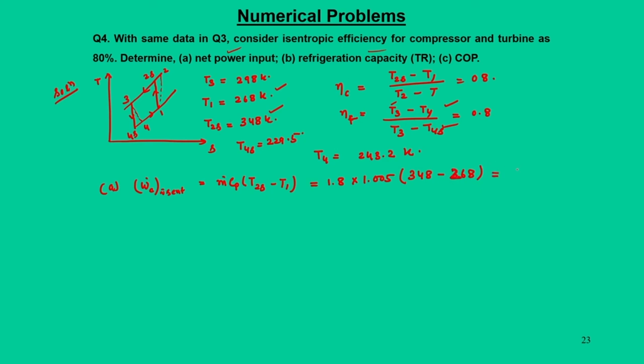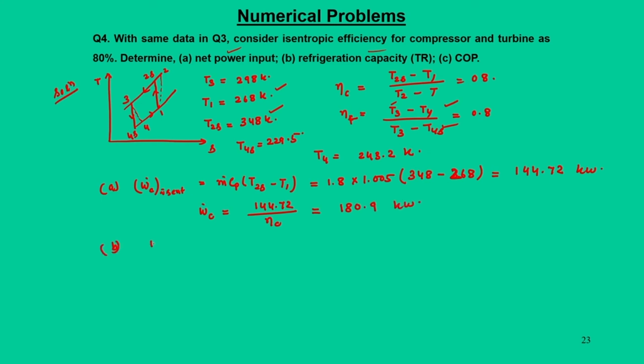So, this number would be 144.72 kilowatt. So, actual compression work W dot C would be 144.72 divided by compressor efficiency. So, this number is 180.9 kilowatt.